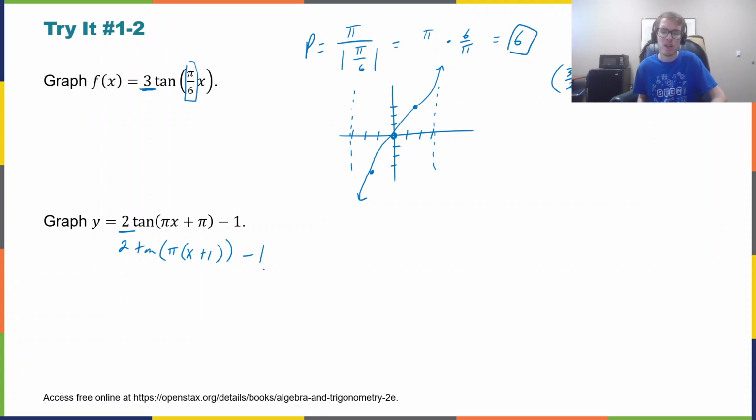So we're shifting down 1. We don't have a midline, but we're shifting down, and that's where our center point's going to be. And left 1. All right, so it's shifting left 1 and also down 1. So our central point will actually be right there.